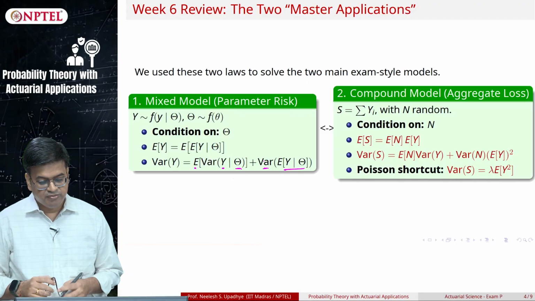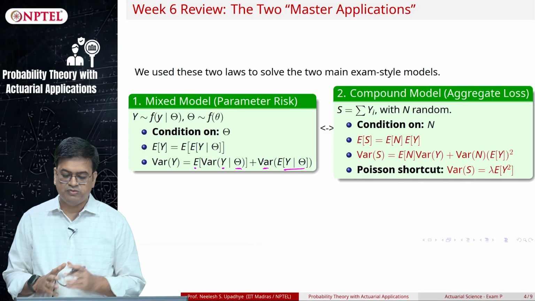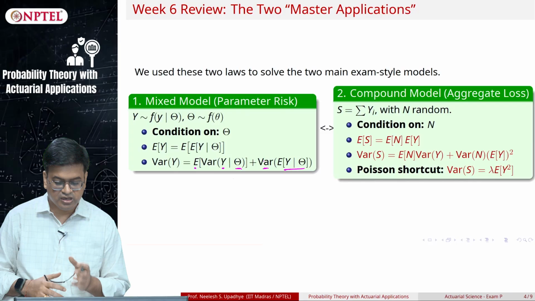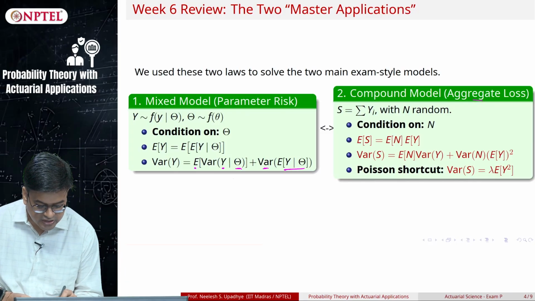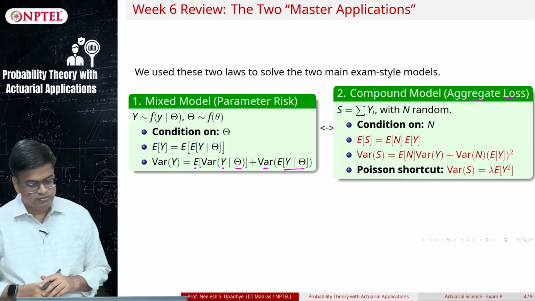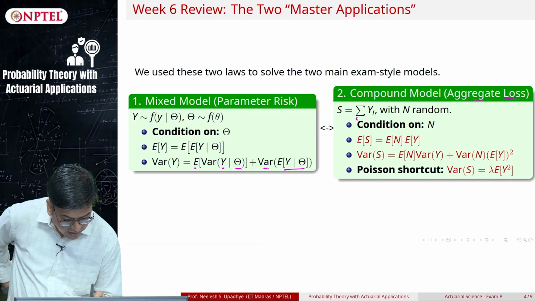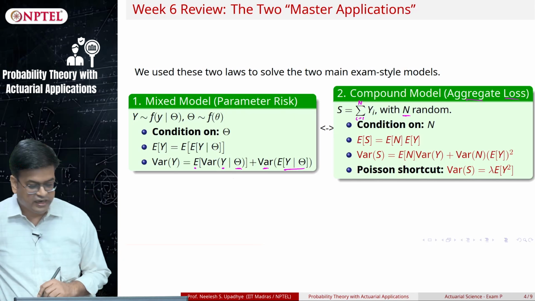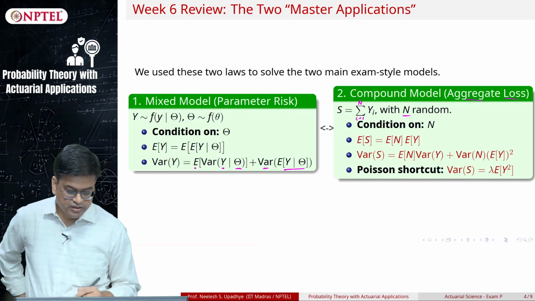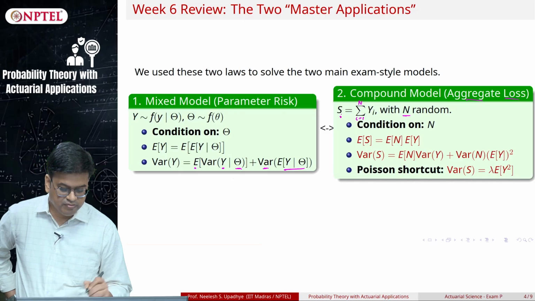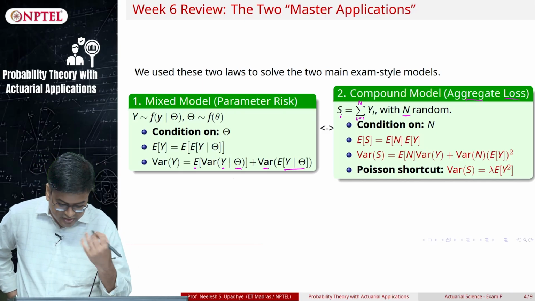Then we came to our standard problem, which we called the compound model, where we dealt with the aggregate loss distribution. Now we have the sum over i equal to 1 to n, and this n is a random variable, right. So this is the compound sum, and we coined these terms.